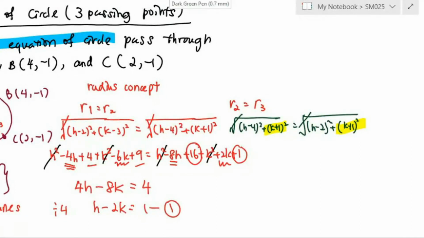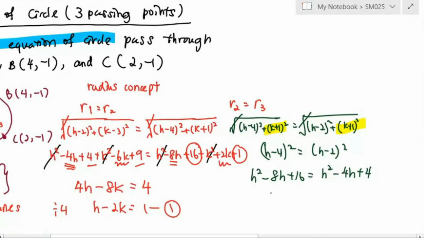Just leaving (h minus 4) square equals (h minus 2) square. Expand this. Then h square and h square are simplified. Move the h to the left hand side, becoming negative 4h, and this one minus 16. Minus 16 equals to negative. Straight away we get h.